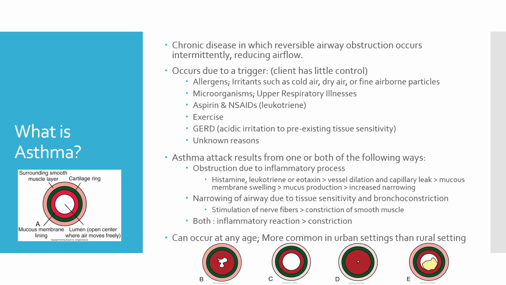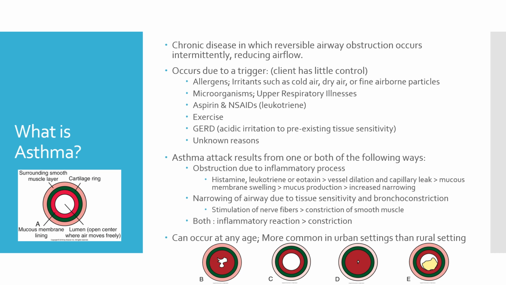That capillary leakage leads to mucous membrane swelling, mucus production, and then it increases the narrowing of the airway. Then we have narrowing of the airway due to a tissue sensitivity and bronchoconstriction, like with D. So this is a stimulation of the nerve fibers that causes constriction of the smooth muscle. Then we have where both are occurring. So we have an inflammatory reaction that also causes the constriction.